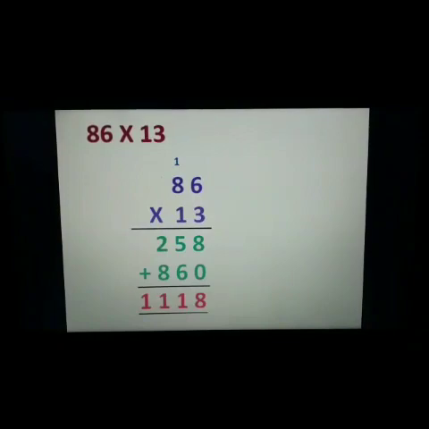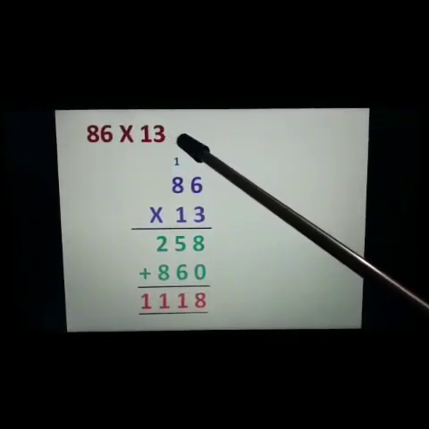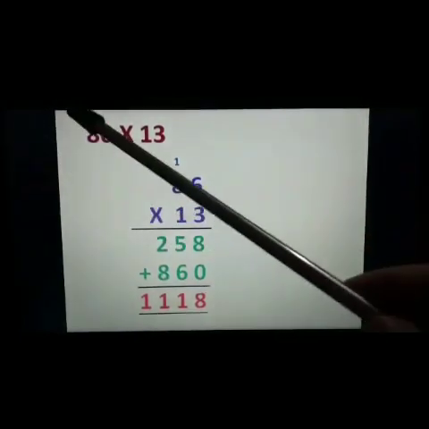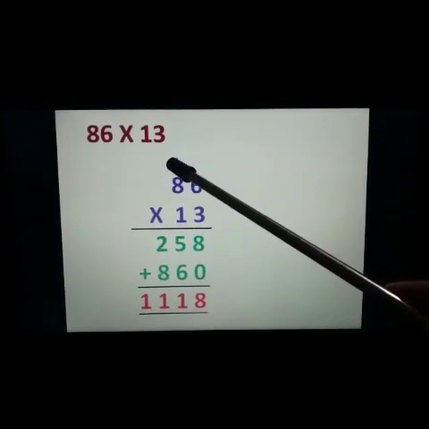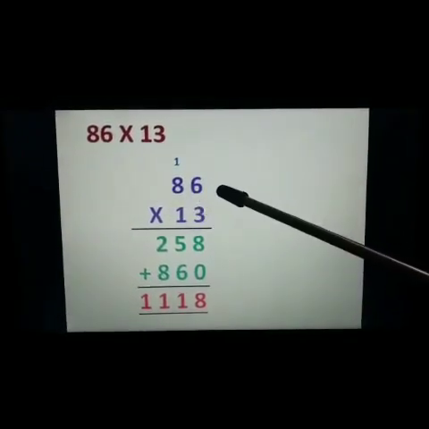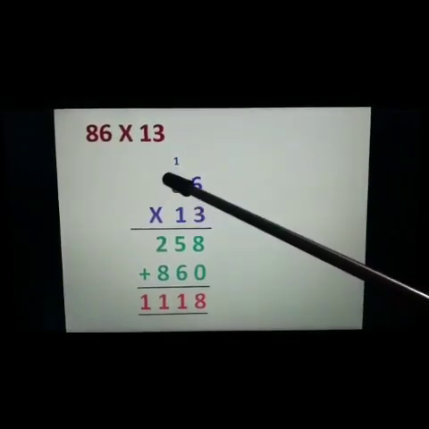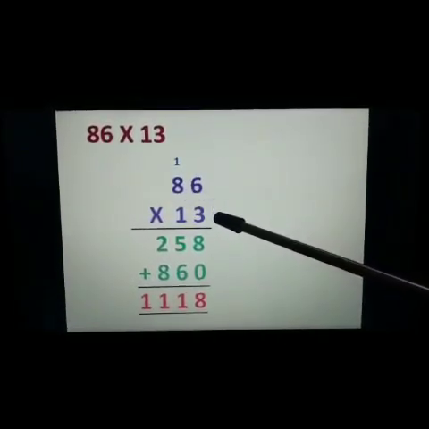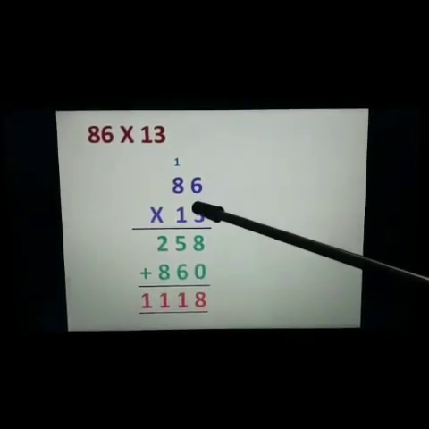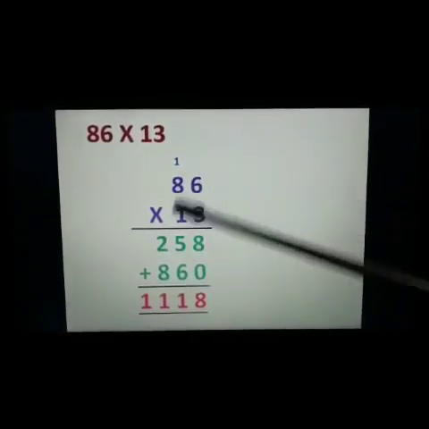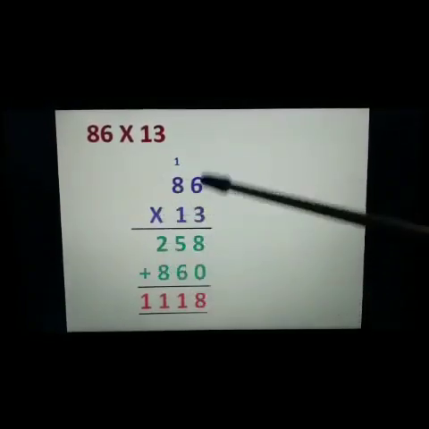Now here we have a question: 86 into 13. Here we will multiply a 2-digit number with a 2-digit number. So I write 86 first. Now into 13. The ones digit, that is 3, will be written below the ones digit, and the tens digit 1 will be written below the tens digit, and I need to multiply these two.